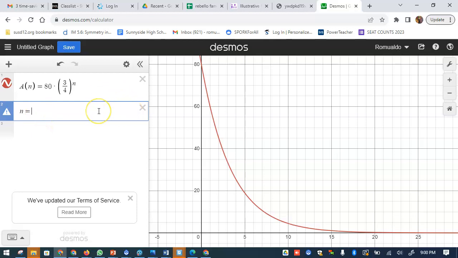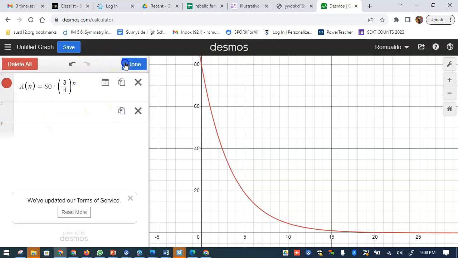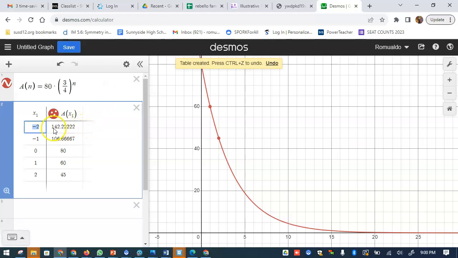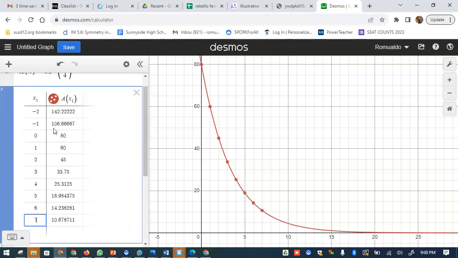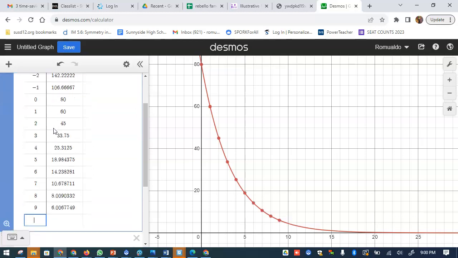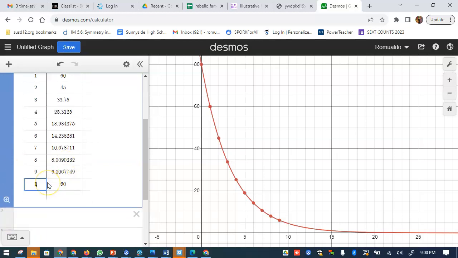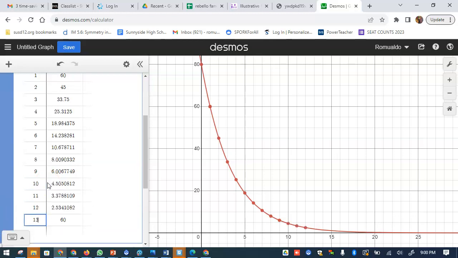I think I can make a table out of this. So let's put a table here. Click here and make a table. And I'm putting minus 1, see, and 0, 1, 2, and then I put 3, 4, 5, 6, 7, 8, 9, and then 10. I think I made a mistake. It's okay, it should be 10, 11, 12, 13, 14, 15, and 16.